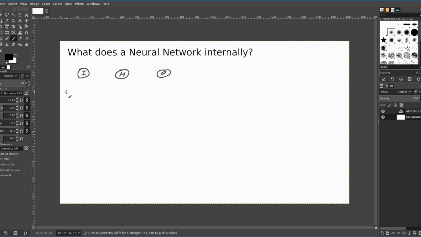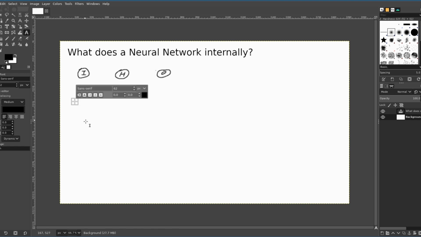We saw in the previous video that we feed the inputs to the neural network, and the neural network gives us an output. This process is called feed forward.